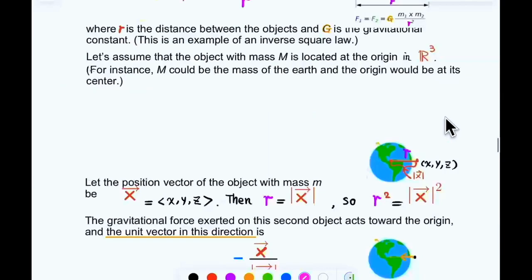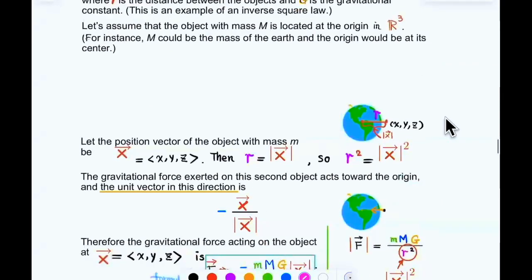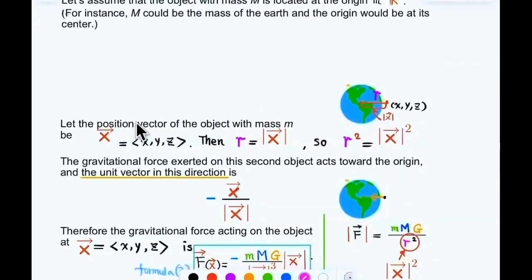Okay, great. Now let's learn some physics today. So we let the position vector of the object with mass m. Suppose this one here has mass big M, and think about that, this is in the center at the origin, right? And let the position vector of the object with small mass m, let this here be the position vector of a point.